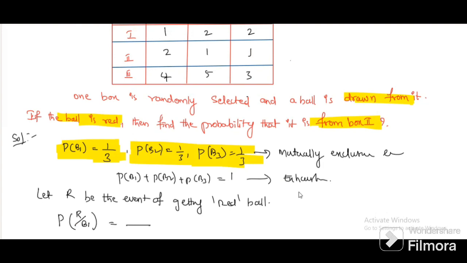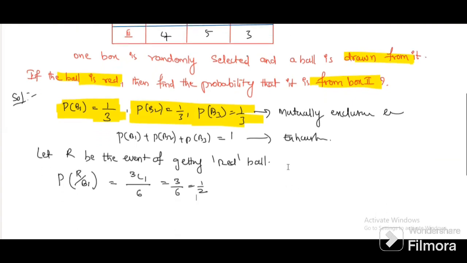Total number of balls we have is 6. Out of that 6, 1 red ball can be selected in 3 by 6, means 1 by 2 ways. Come to box 2. The probability of getting the red ball from box 2: there in box 2, a total of 4 balls are there. Out of that, only 1 red ball.